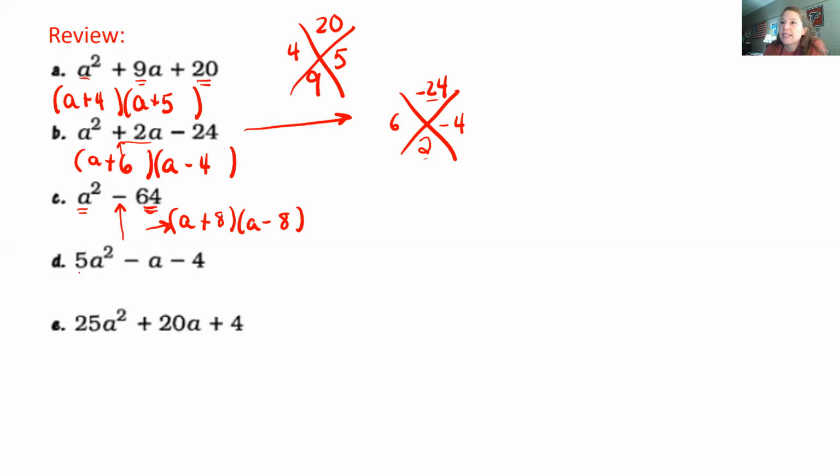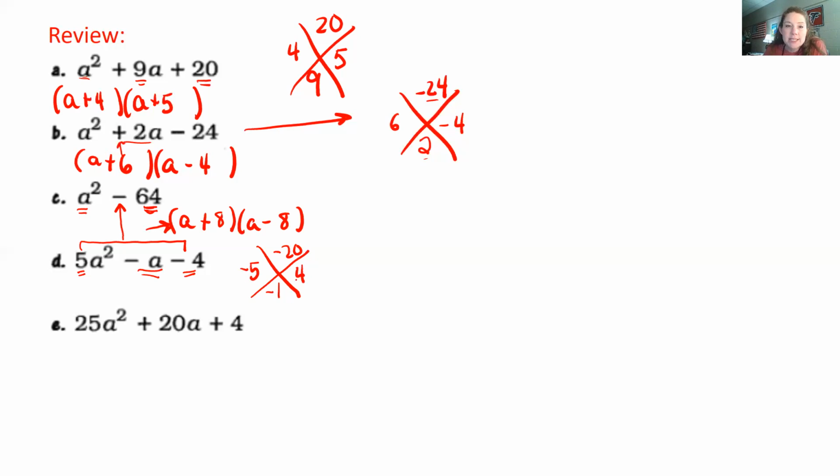All right, letter D, our leading coefficient is not a 1. So we're going to use the AC method. We're going to multiply 5 times negative 4. We get negative 20. So we're going to rewrite it. We're going to think of 2 numbers that give us a product of negative 20, but add to give us that middle term of negative 1. So we're going to have negative 5 and positive 4.